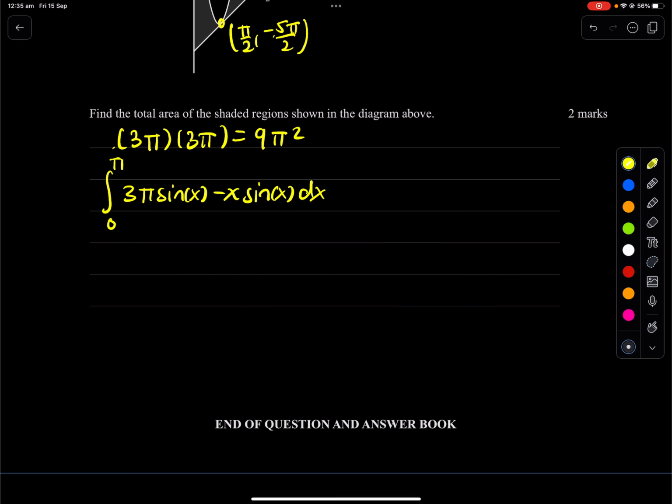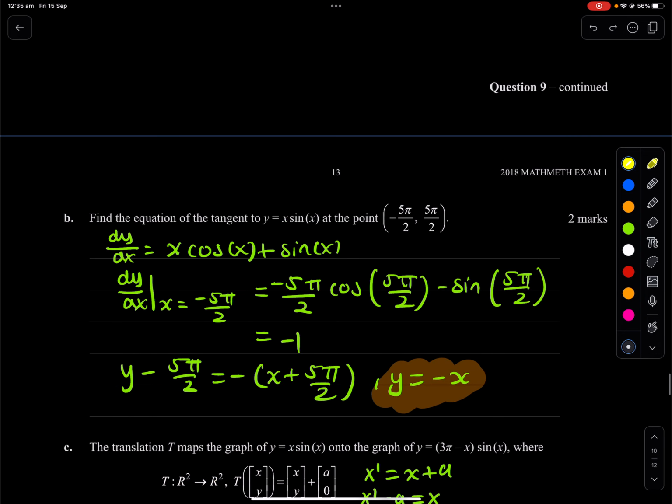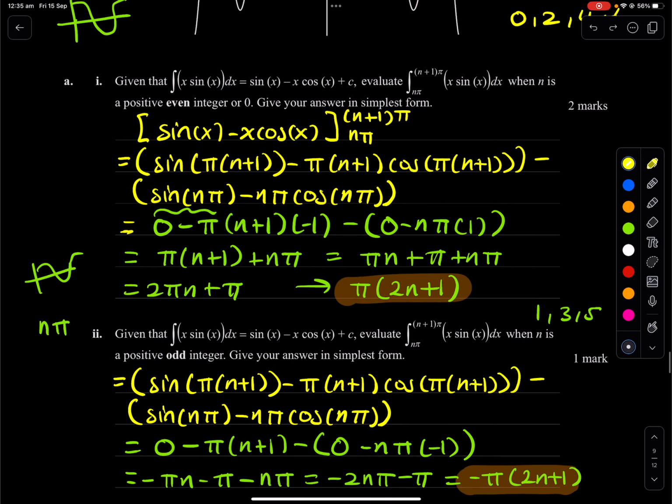Okay, which is equal to what? If we integrate this, it's negative 3 pi cos x. This over here, we already know the integral of x sine x from the question above. It's just sine x minus x cos x.